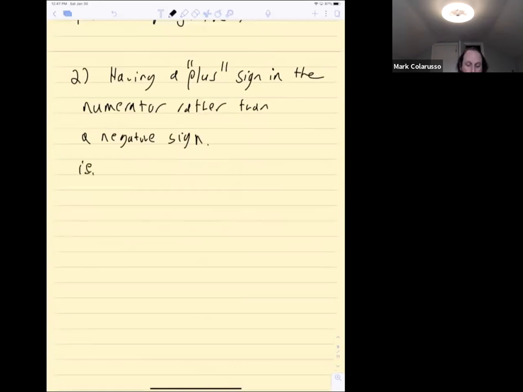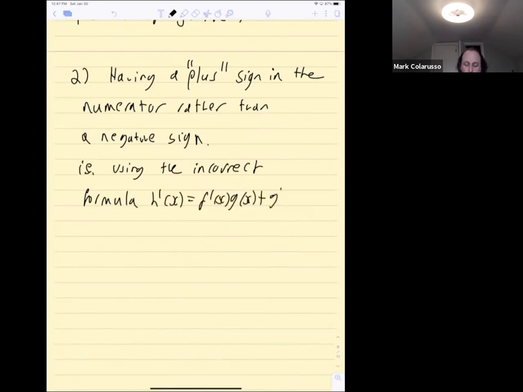I.e., using the incorrect formula, that h prime at x is f prime at x times g at x plus g prime at x times f at x. I've seen this enough times that I do want to warn you. And this is just completely wrong. Okay, so you do have a negative sign. That's really what makes it substantially more complicated.